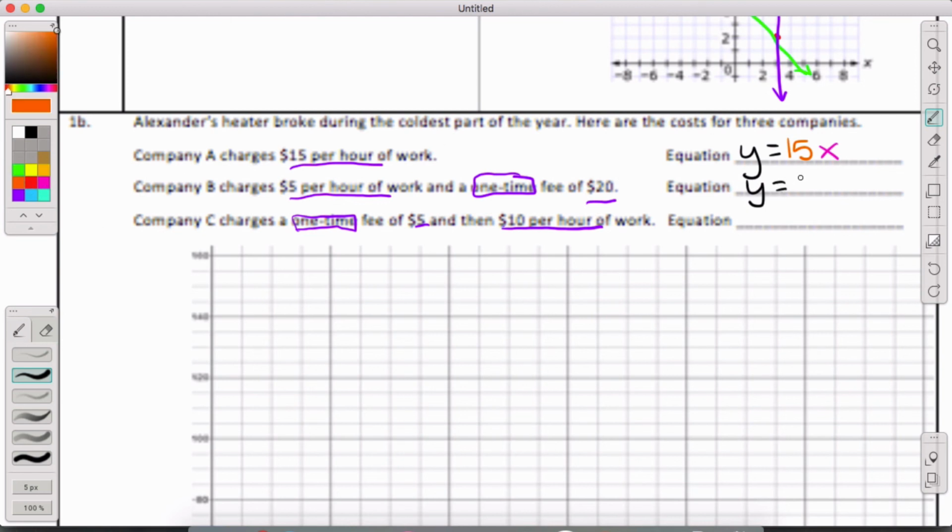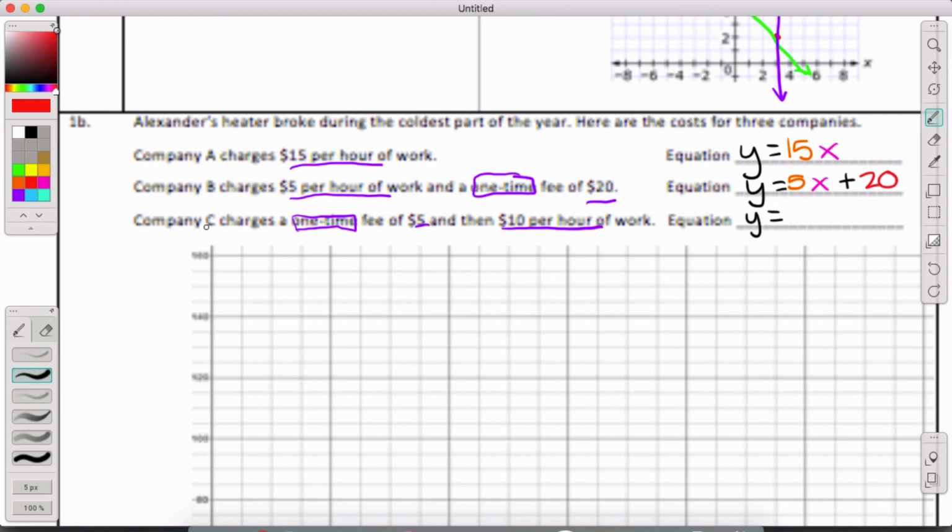and $5 is how much they get paid per hour, times x, plus, because not only is this company charging a per hour fee, they're also charging a one-time fee, meaning before any work is done, you still owe them money. So if they walk in your door, you owe them $20.